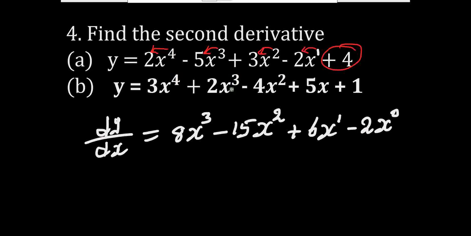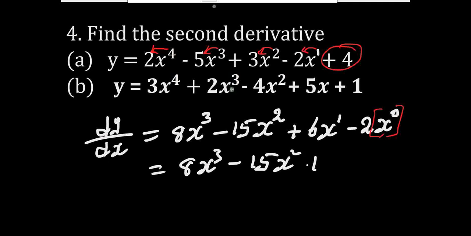Remember, because we have x raised to power 0, this is 1. And this can be written as 8x to the third power minus 15x squared plus 6x, and negative 2 times 1 is negative 2. So this is the first derivative.